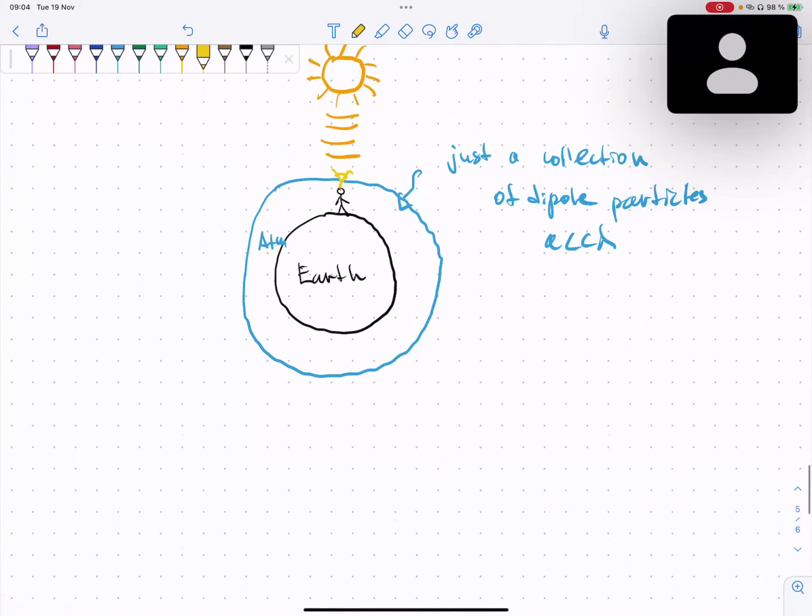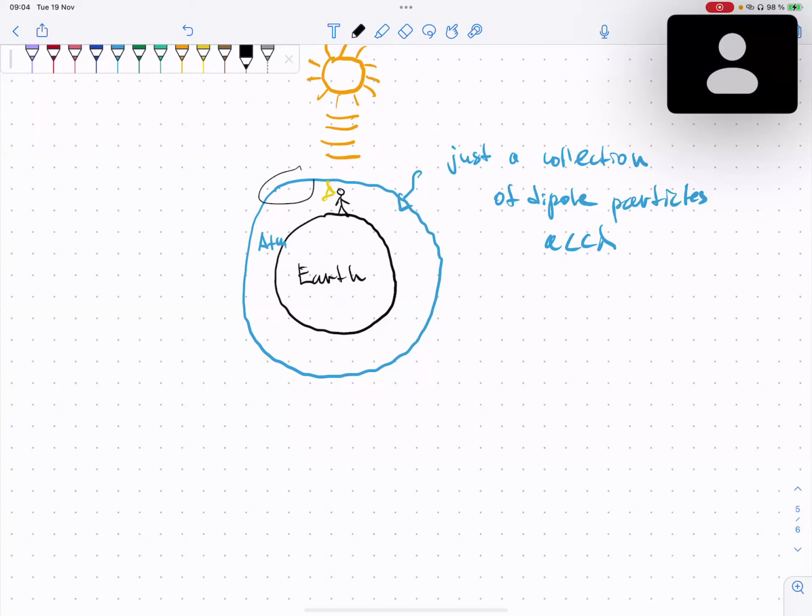Of course, we will see the sun as a big white thing, because it emits so hard that we see it as just a white thing. But if we look somewhere in this direction, we will see just the sky, and the sky will be blue.